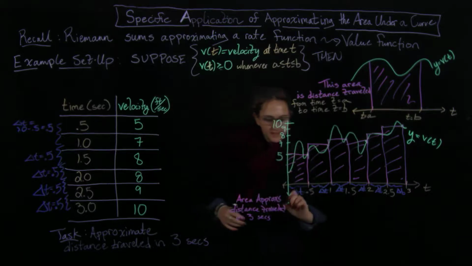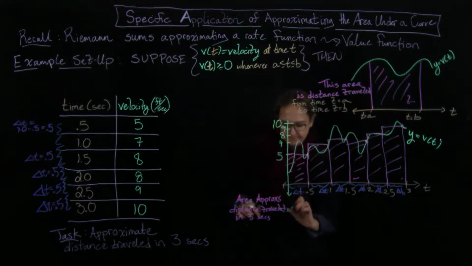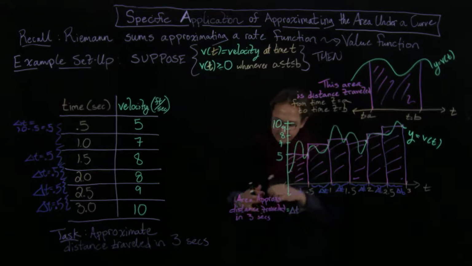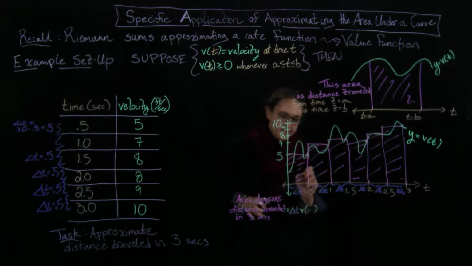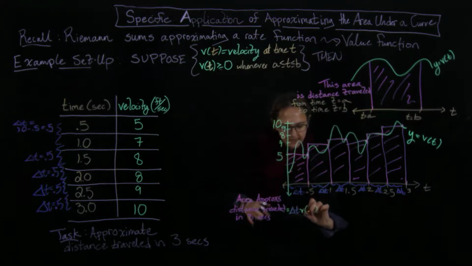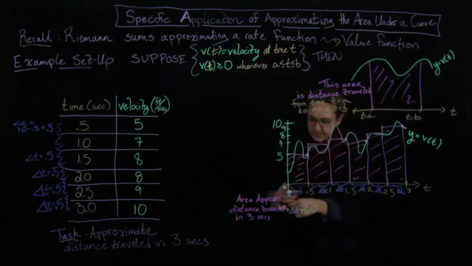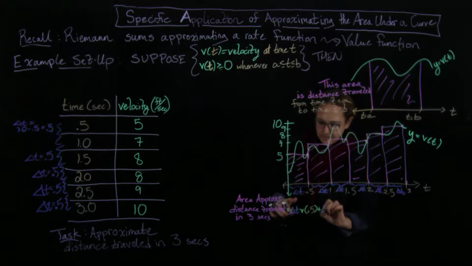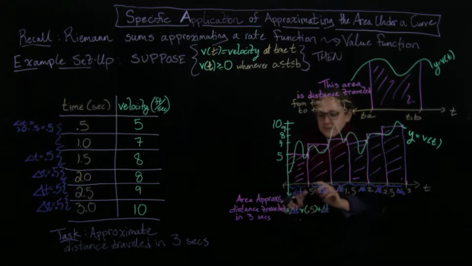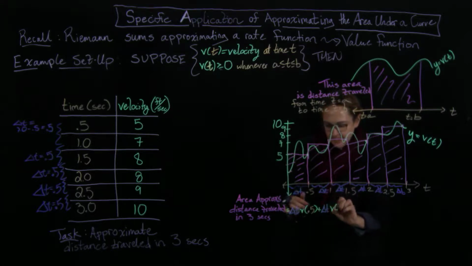So I'm going to get this delta t times v of 0.5, that's the area of the first rectangle. And then I add to that the area of the next rectangle, so plus delta t times the velocity at 1.